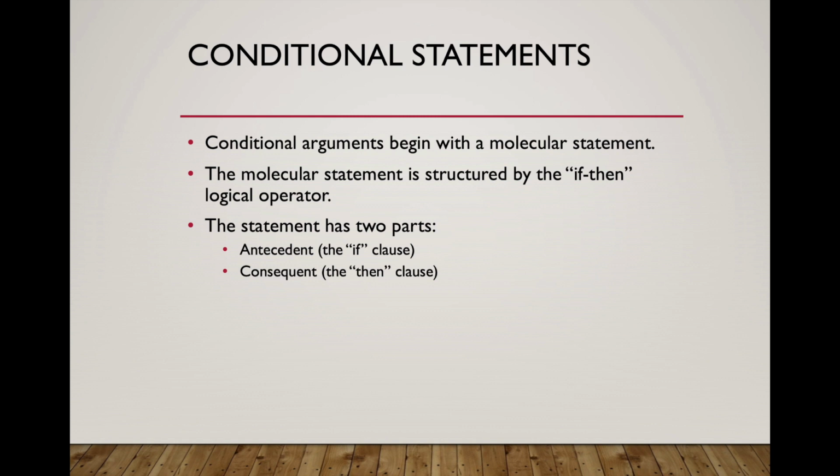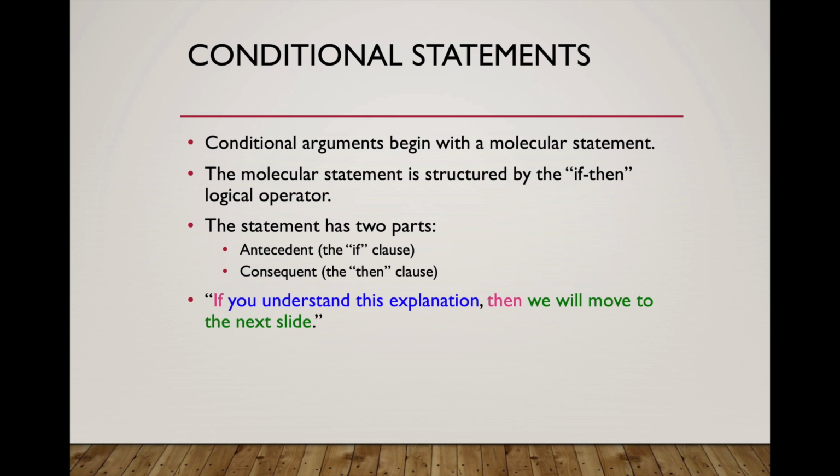The first part is the antecedent, which is the if clause of the molecular statement. And the then clause is called the consequent. That is what happens if the antecedent is true. And so these are the two molecular parts of a conditional statement, which is the first premise of a conditional argument.